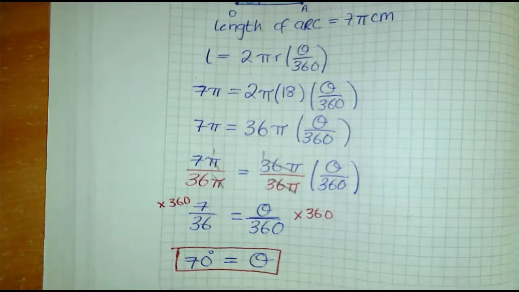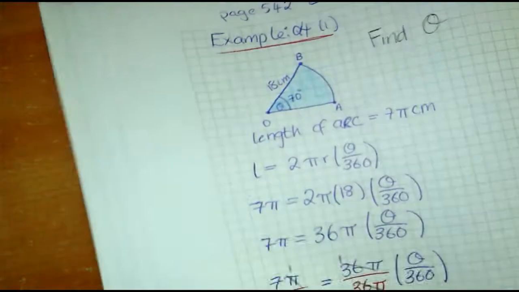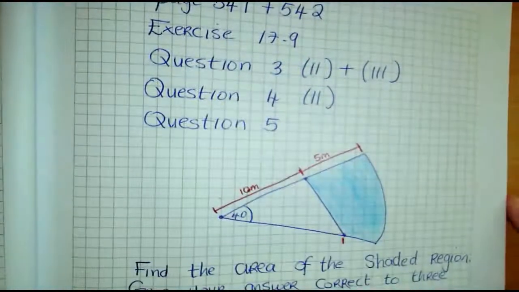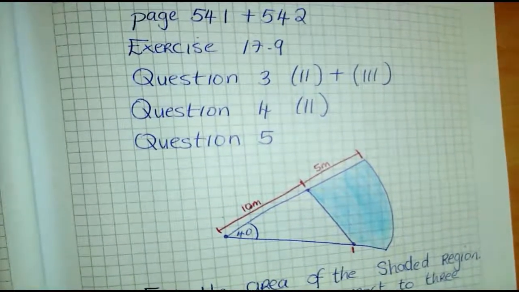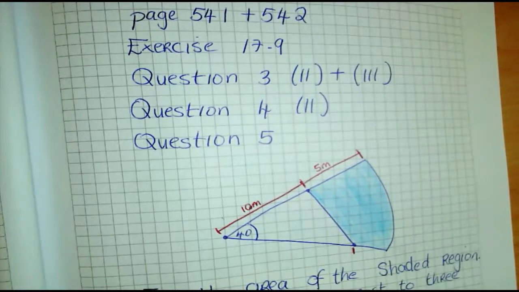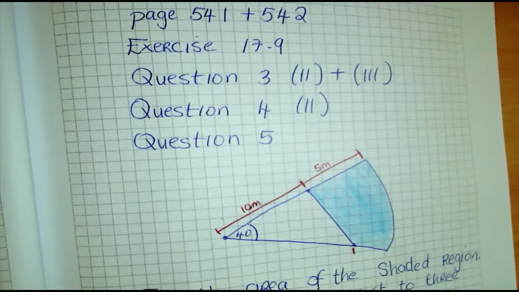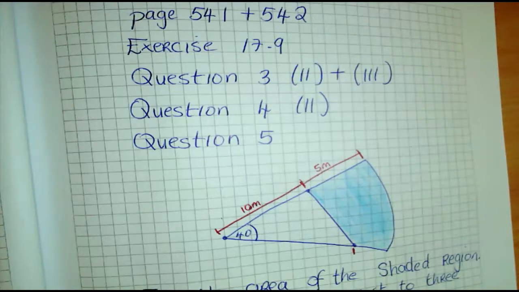So if we go back then, what questions are you doing today? Well, today you're going to do page 541 and 542, exercise 17.9, question 3, part 2 and 3.